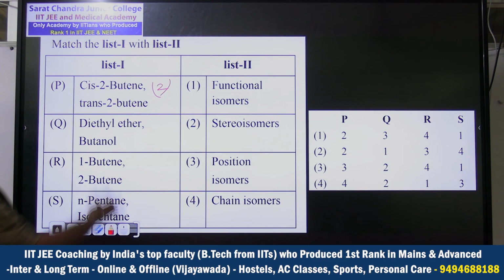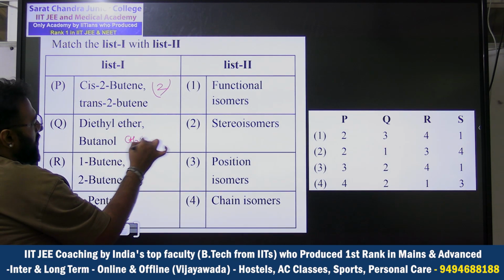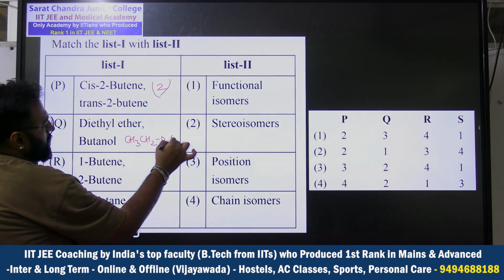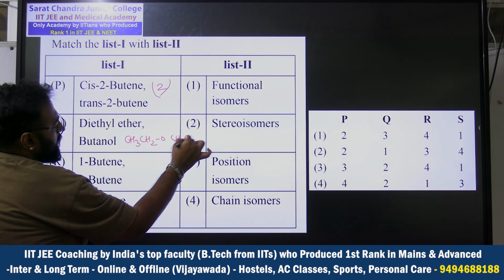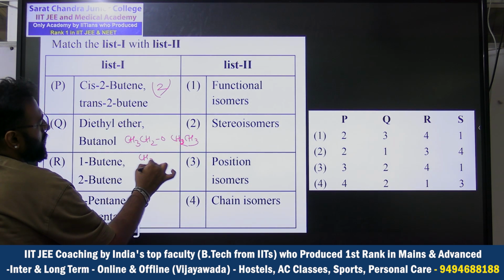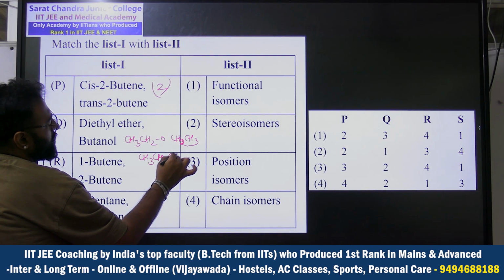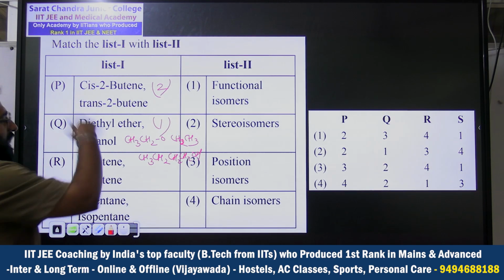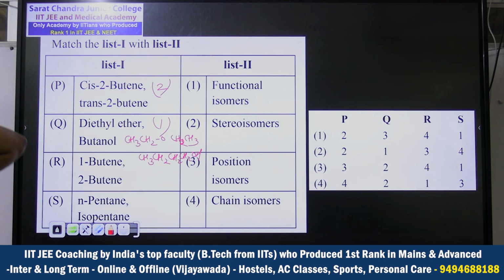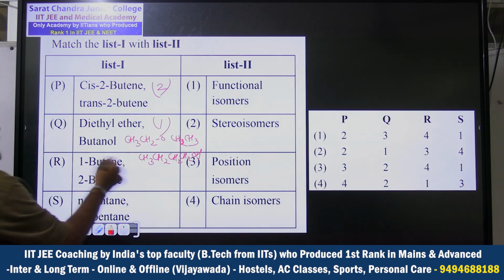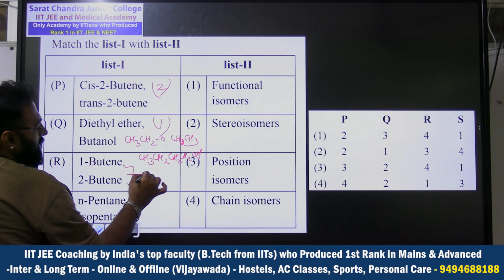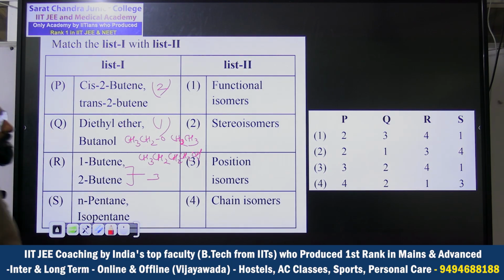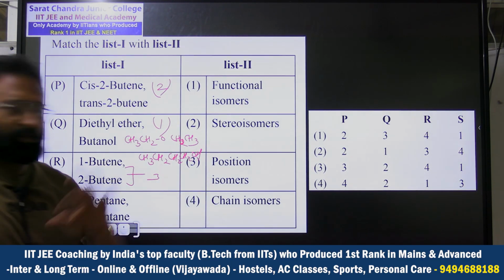Diethyl ether and butanol, these are functional group isomers. Then 1-butene and 2-butene, these are position isomers, position number 1 and position number 2.